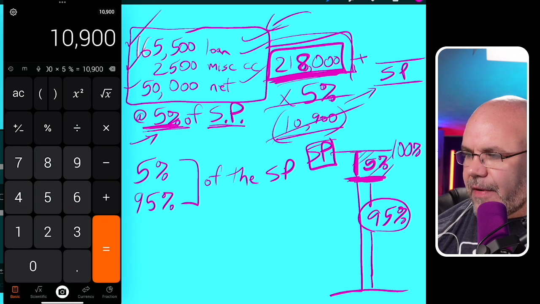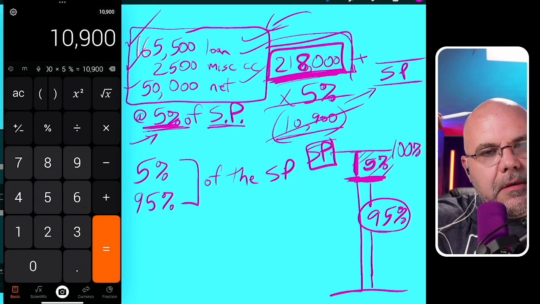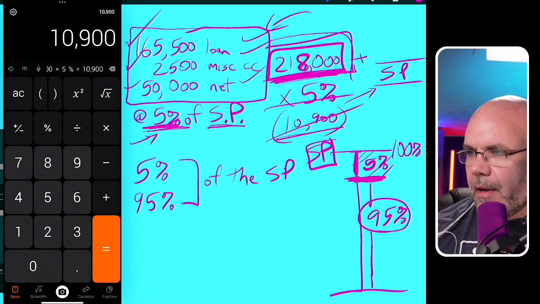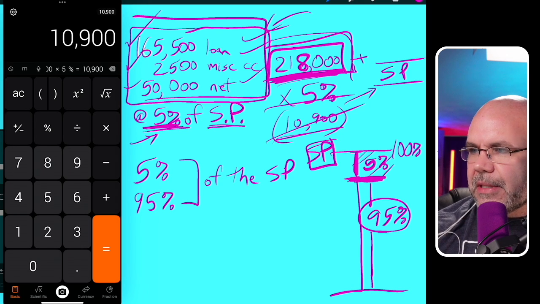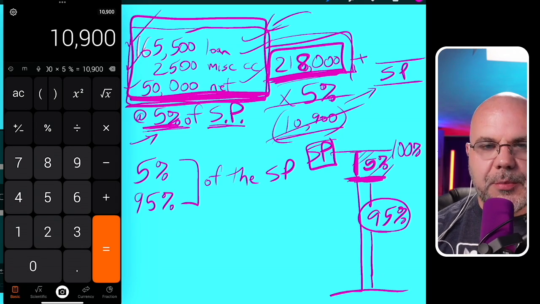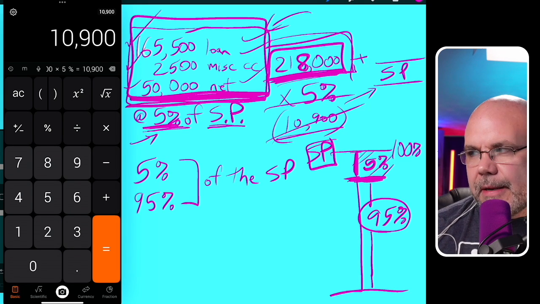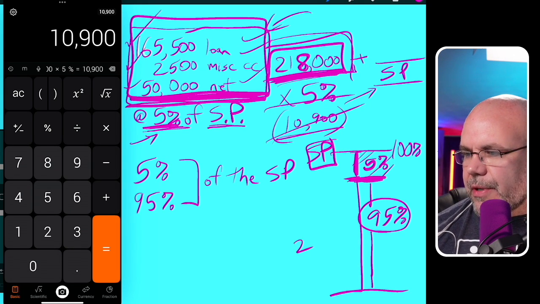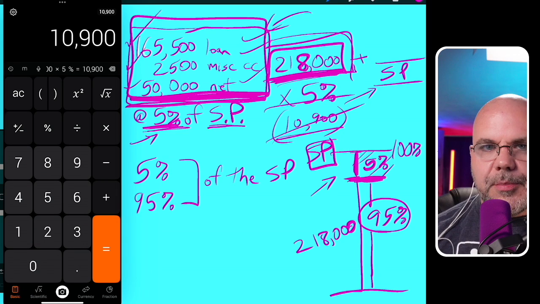Out of that 95% that the seller gets, after paying you your 5, they need to handle this business, paying off those 2 big chunks of money and ending up with $50,000 in their pocket. So this $218,000 is their portion. They need another chunk of money to pay you your 5% commission.